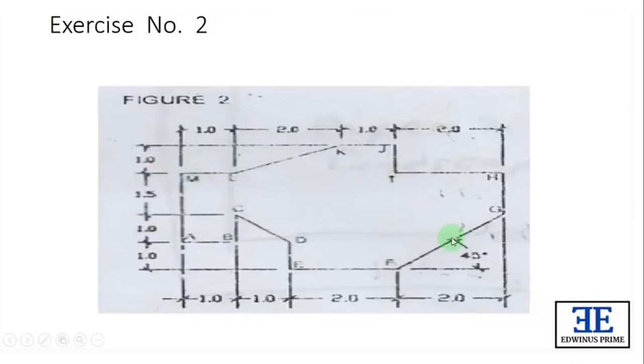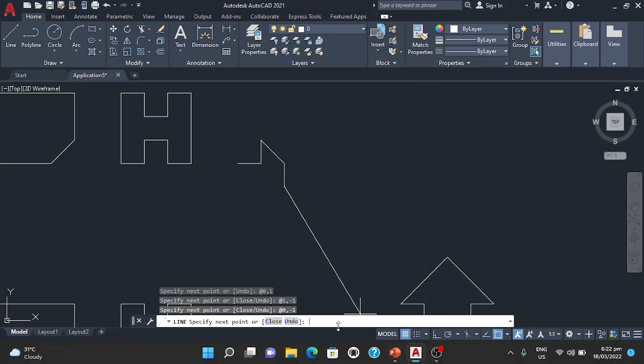Next one, from point E to point F. Point E to point F has a horizontal distance of 2, so we have positive 2 for change of x because it's going to the right. For the change of y, the vertical, there is no change, so we should declare the value of 0. So let's type @2,0.